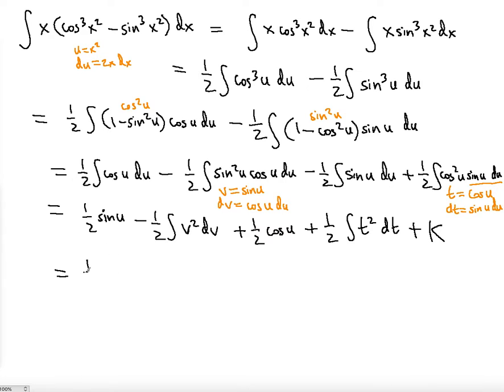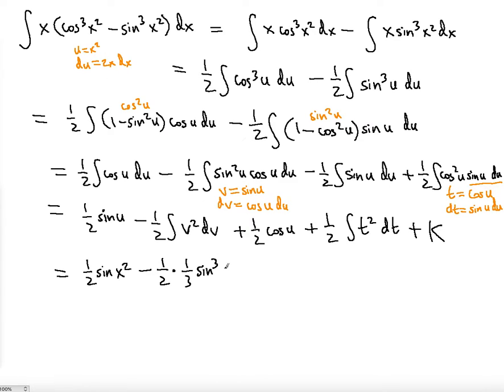So now we're going to have 1/2 sine of u, and what is the u variable in terms of x? That was x squared, right? So sine of x squared, minus 1/2 times, and this guy gets to be v to the third divided by 3, so 1/3 multiplied. What is v? v is sine u, so sine to the third of u. What is u in terms of x? x squared.